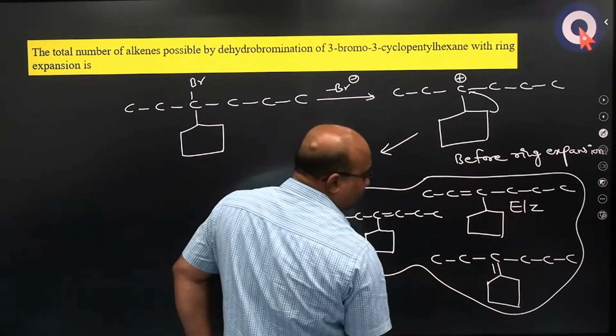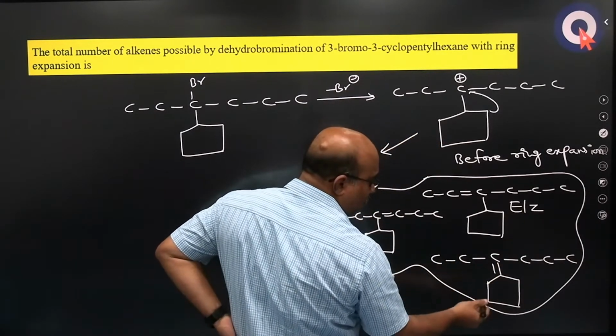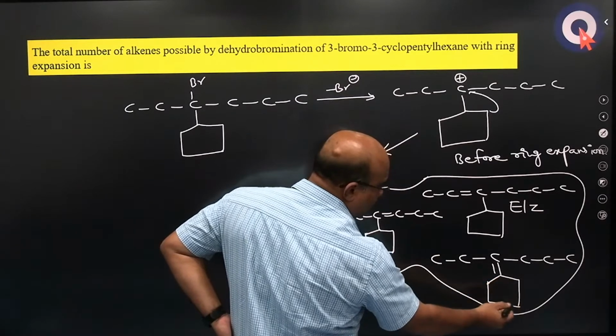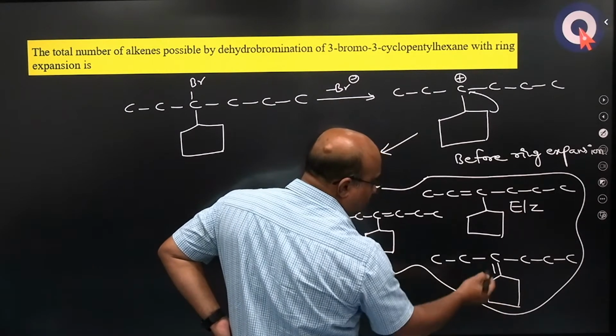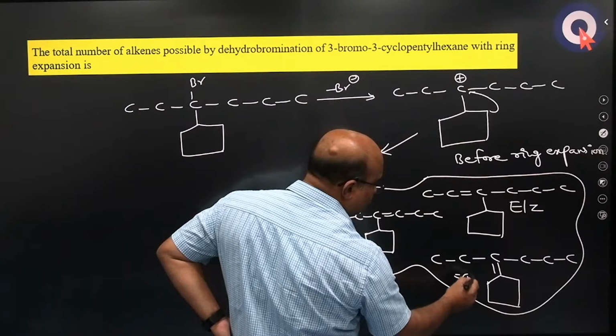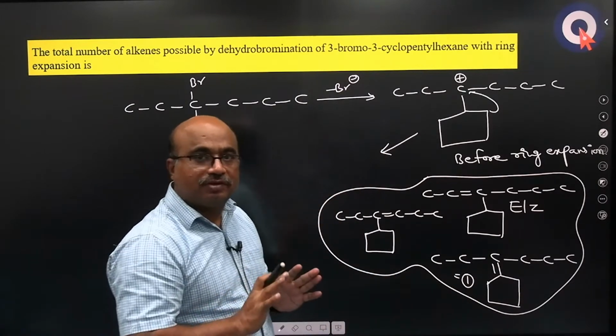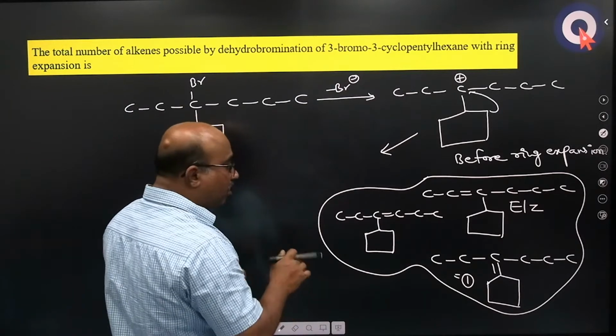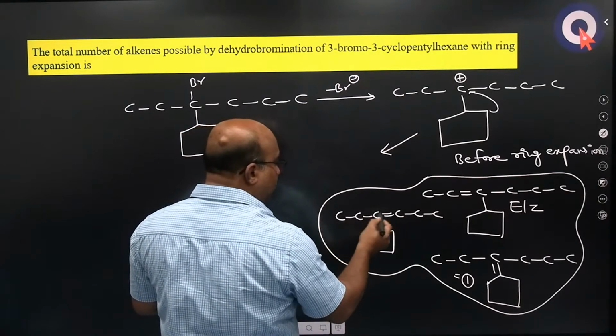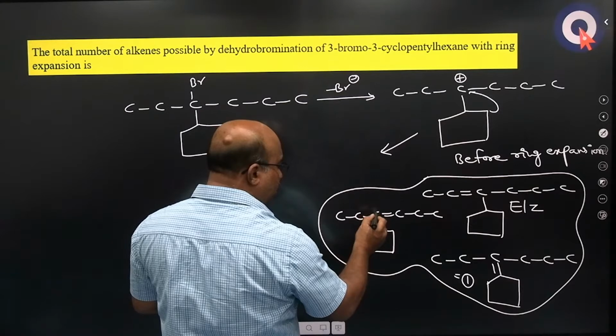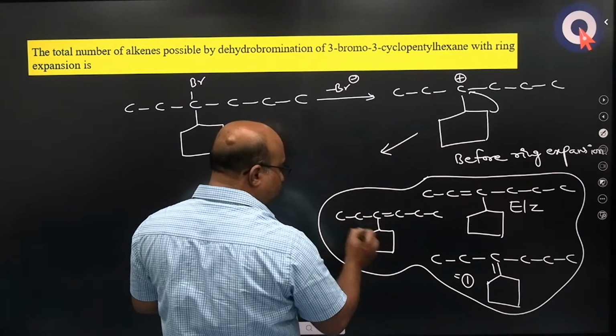In this, do we have any geometrical isomerism? No, because at this carbon, your chain is completely the same. So, this is only a single compound. But anyhow, they asked through ring expansion for us. That we will see later. Do we have any possibility in this? So, this carbon has C2H5 and cyclopentyl.